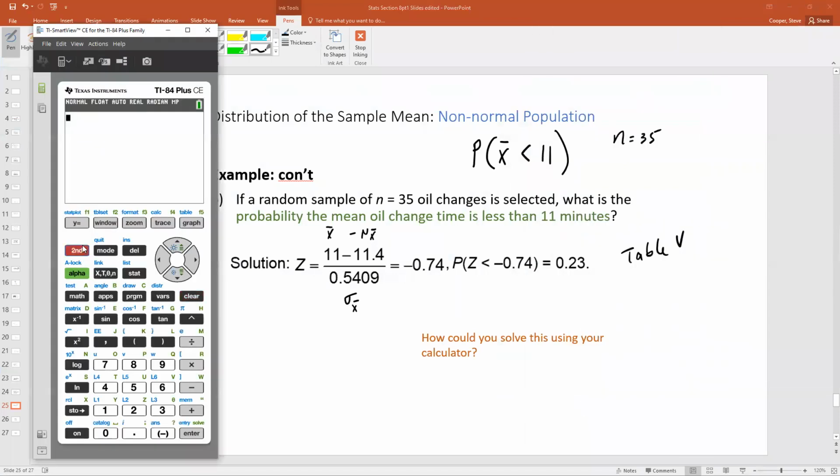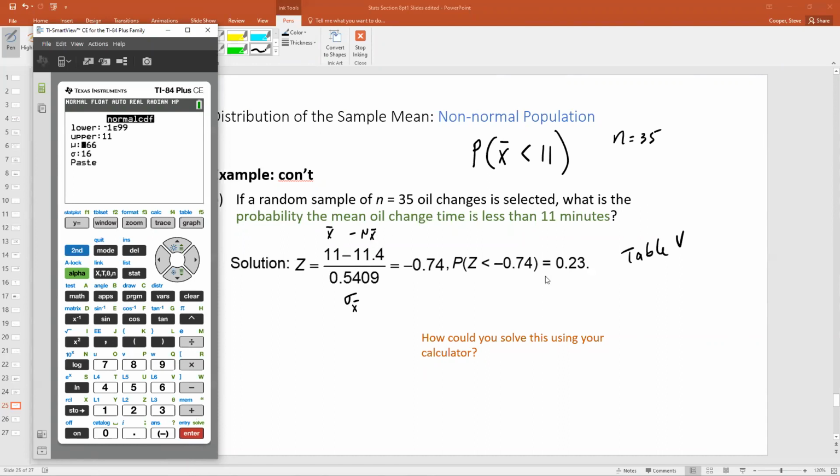Okay, so if I'm going to use this, I'm going to take normal CDF, and what's our lower bound? Well, since it's anything less than 11, our lower bound is negative calculator infinity. So I'm going to say negative 1 times 10 to the 99. And our upper bound is 11.